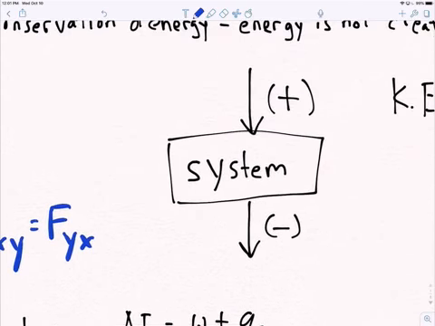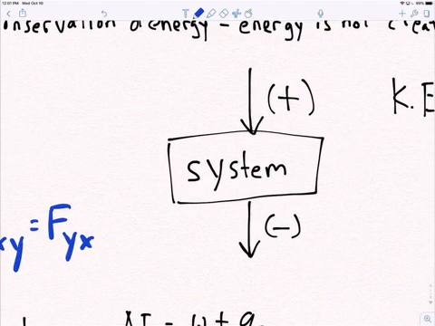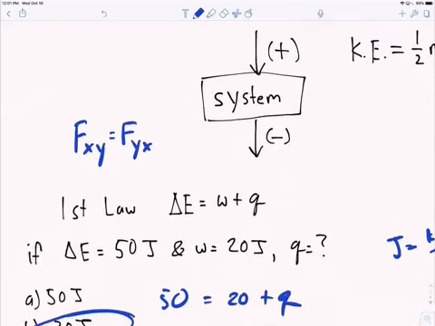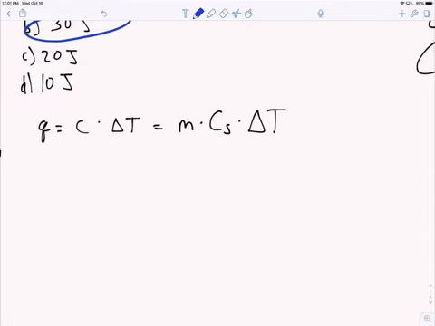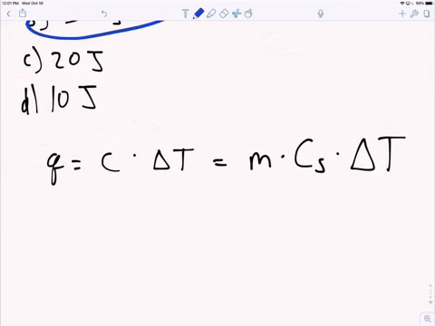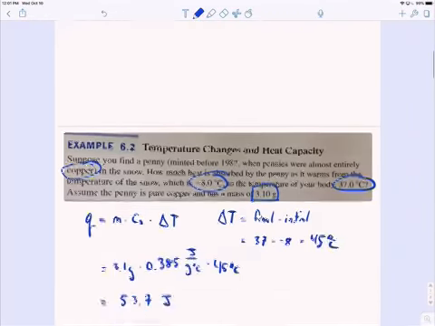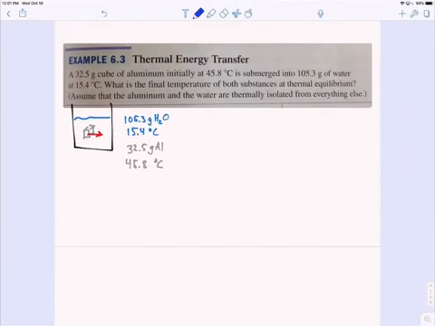Energy flowing into the system is in the positive direction, and energy flowing out of the system is in the negative direction. This is going to become important in the next example. We already did an example of heat transfer, which is the heat capacity times the change in temperature, or the mass times the specific heat capacity times the change in temperature. So we're going to do that for this problem.